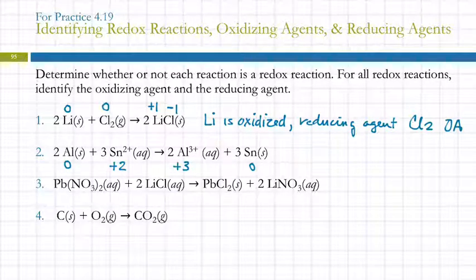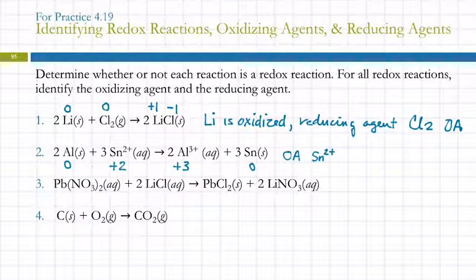What's the oxidizing agent? The tin is being reduced. It's causing the aluminum to be oxidized. So the tin 2 plus is the oxidizing agent. Remember, the agent doesn't actually star in the movie. They arrange for somebody else to star.